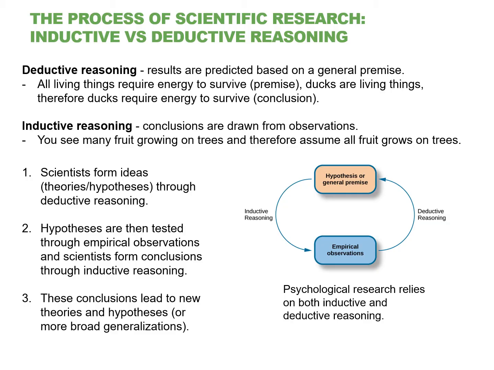So scientists form ideas through deductive reasoning. The hypotheses are then tested through empirical observations, and scientists form conclusions through inductive reasoning. These conclusions lead to new theories and new hypotheses. This is really the basis for the scientific method. So now let's talk about those steps of the scientific method.